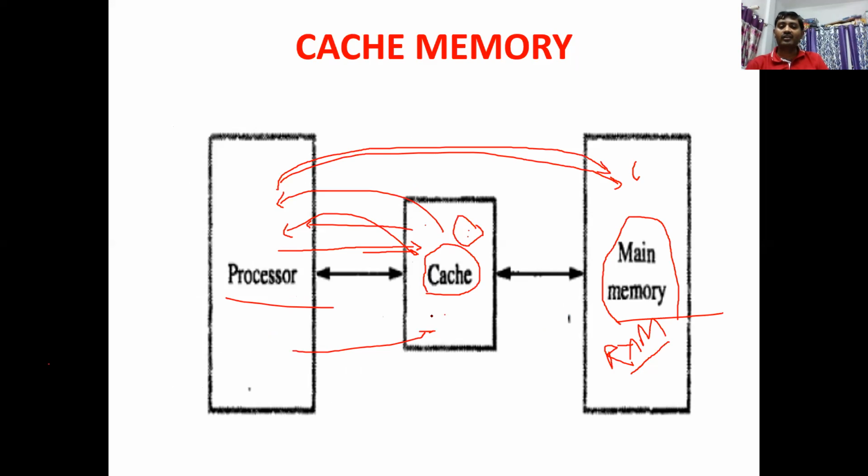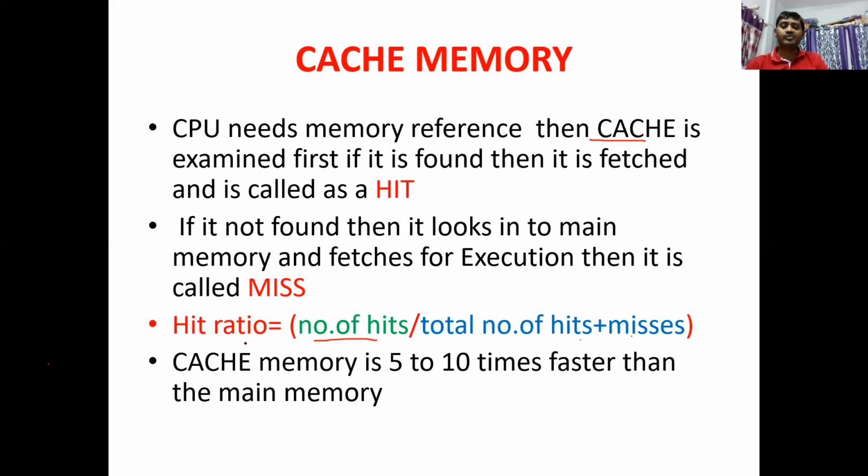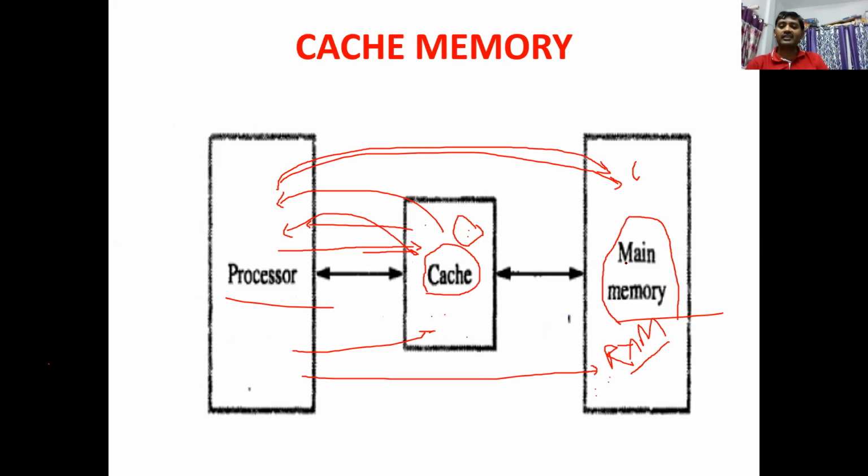If the first one is found in the cache, it is a hit, and the next two are not found and have to be fetched from main memory, so they are misses. So one hit plus two misses is the total memory references made by the CPU, and 1 by 3 will be the hit ratio. Cache memory is generally 5 to 10 times faster than your main memory.